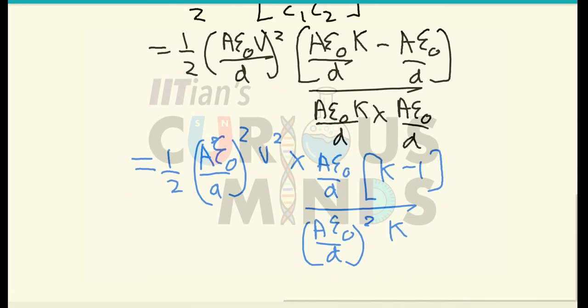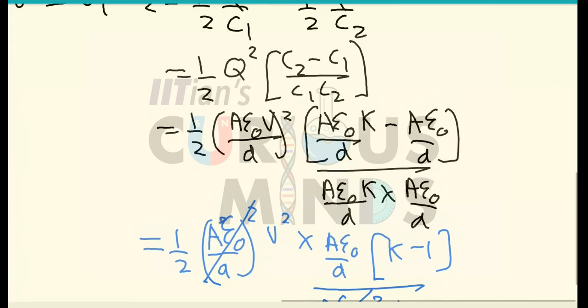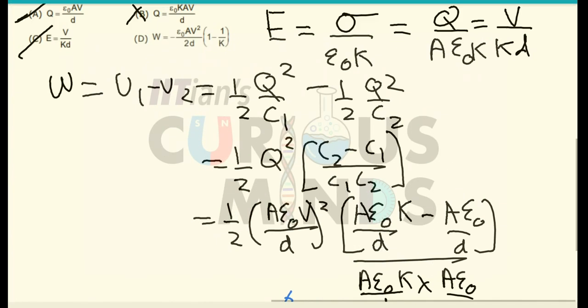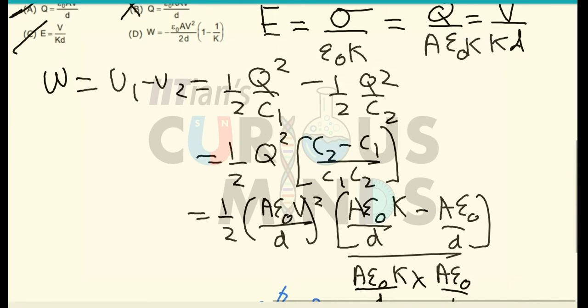In this equation, this part will get cancelled out, and the remaining part will be half into V square. So option D would be a correct answer.